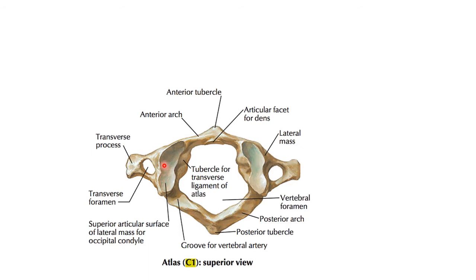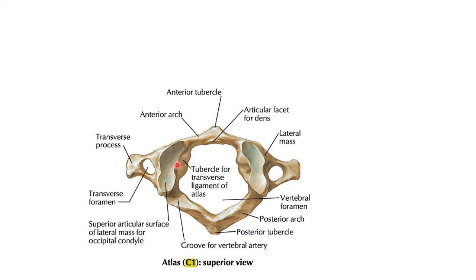The superior articular facet is concave and elongated. It is directed upwards and medially to articulate with the corresponding condyle of the occipital bone to form the atlanto-occipital joint.